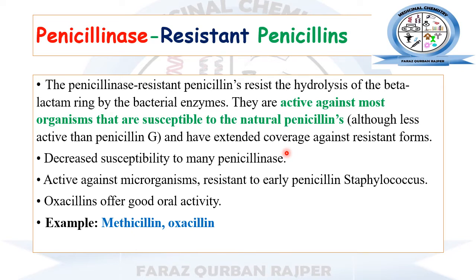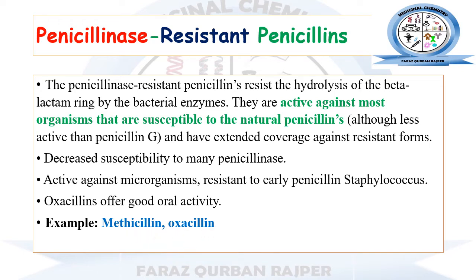So they are no longer sensitive towards the attack of penicillinase or beta-lactamase, and they are active against all those organisms against which the natural penicillins were ineffective, and they have activity against Staphylococcus species. Examples are the isoxazole derivative oxacillin, which has good oral activity, and other examples are methicillin and oxacillin.